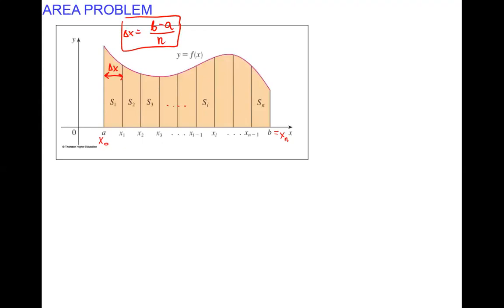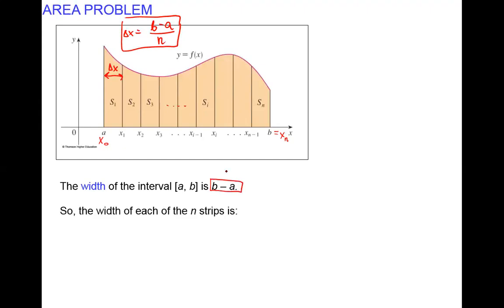The width of the entire interval is b minus a, so the width of each of the n strips is b minus a, the distance from A to B, divided by n. If n is 5, we divide by 5. If n is 100, we divide by 100. But if n is infinity, we have to keep n, and then simplify.